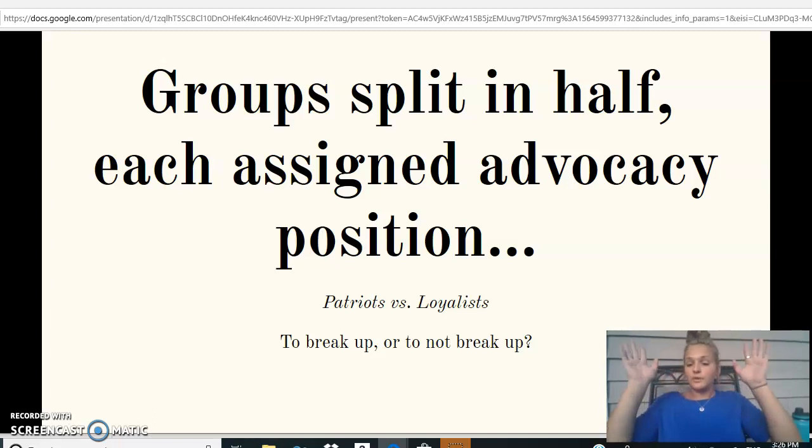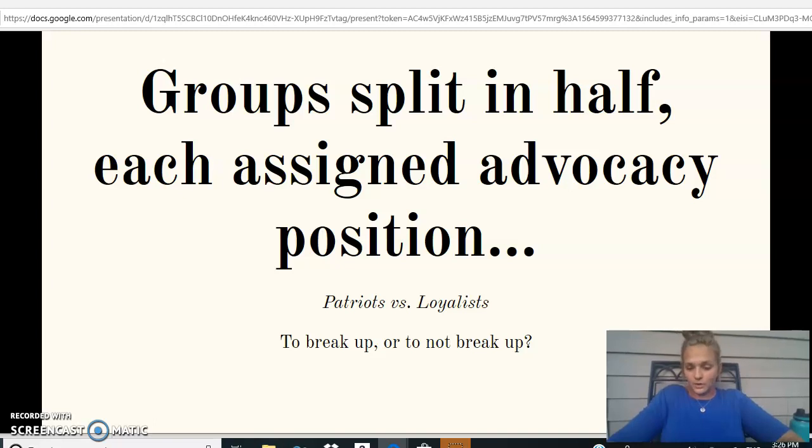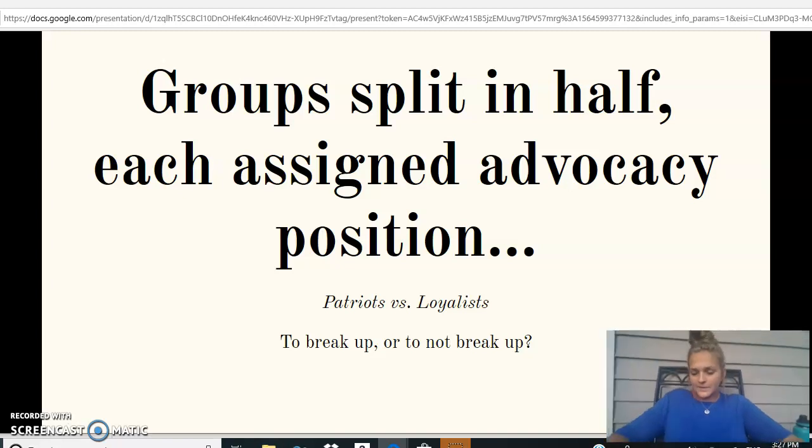They were fed up with everything and they were ready to split from Great Britain. Loyalists thought it would be a better idea, and that America would be stronger, if Great Britain and America stayed together. So to break up or to not break up, essentially.